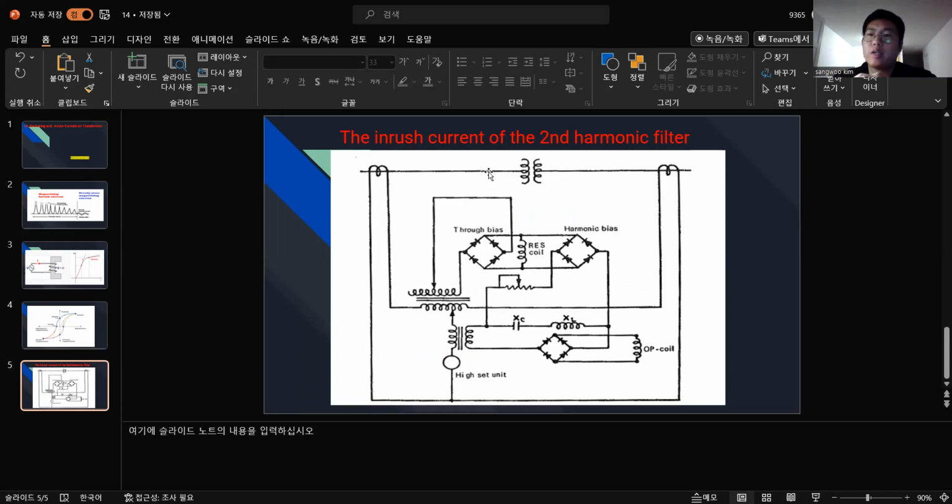Another way is using auxiliary reactors to reduce the L's property. Actually, this solution is no need to learn right now. I just explained that if we know this concept, we could suggest some solutions to figure this out.